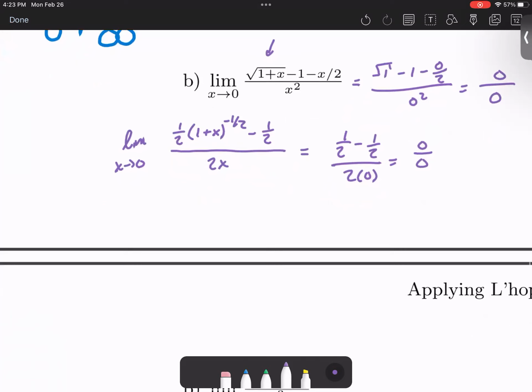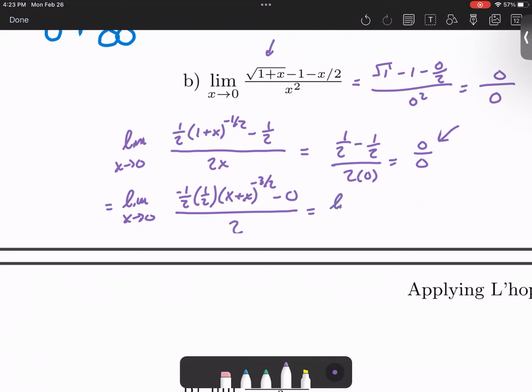If we get an indeterminate form of 0 over 0, then by L'Hopital's rule, we can try to differentiate the numerator and differentiate the denominator. So by differentiating this again, we have minus 1/2 times 1/2 times 1 plus x to the minus 3 over 2, minus 0, over 2.